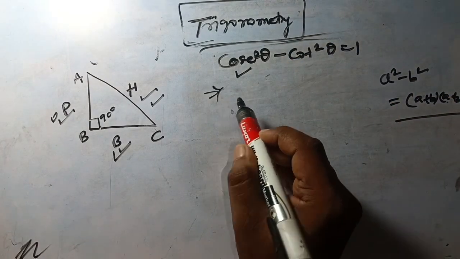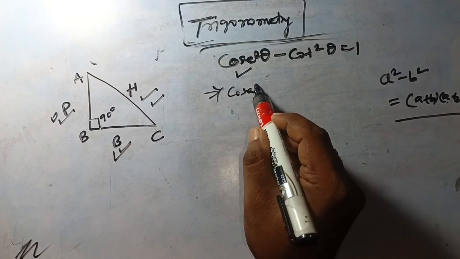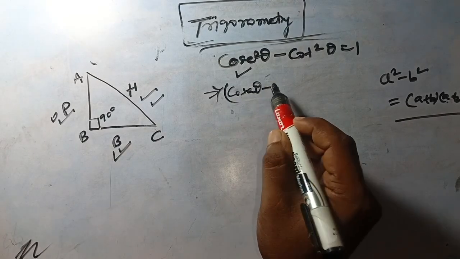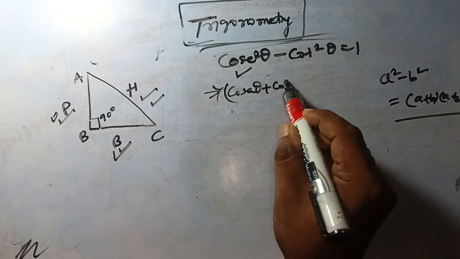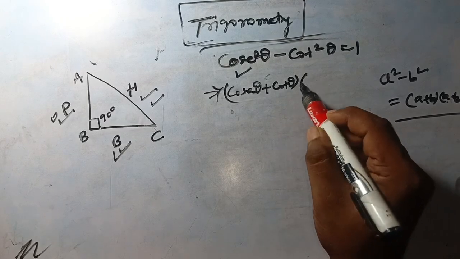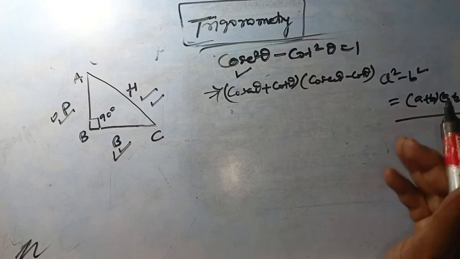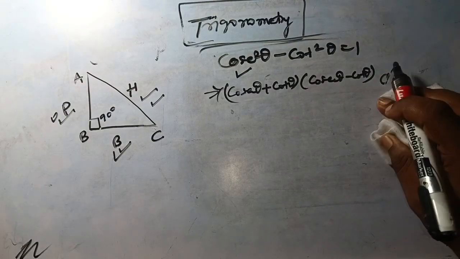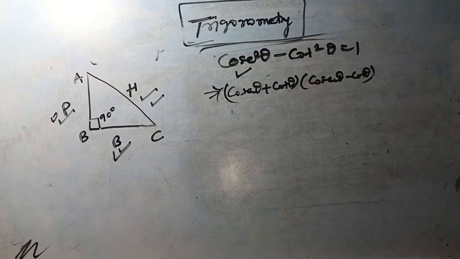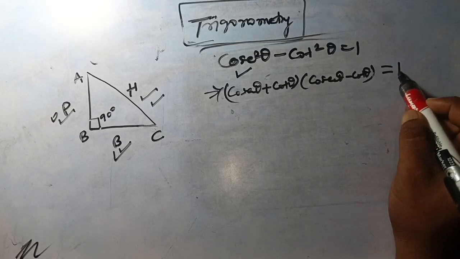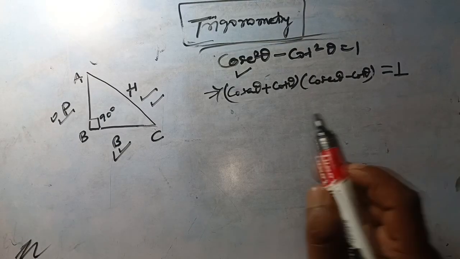So what we will get? We will get cosec theta plus cot theta into cosec theta minus cot theta, and we have proved the value of this is equal to 1, so we can write here 1.